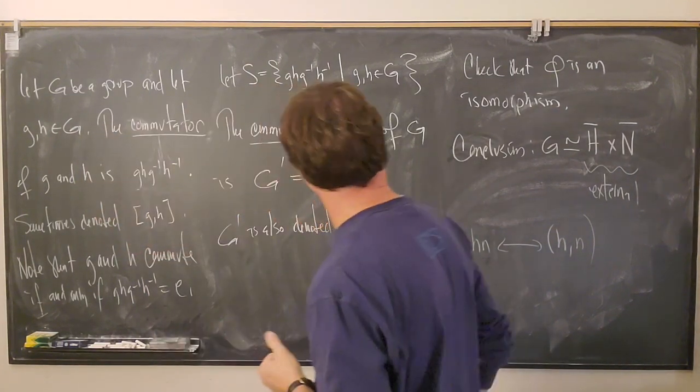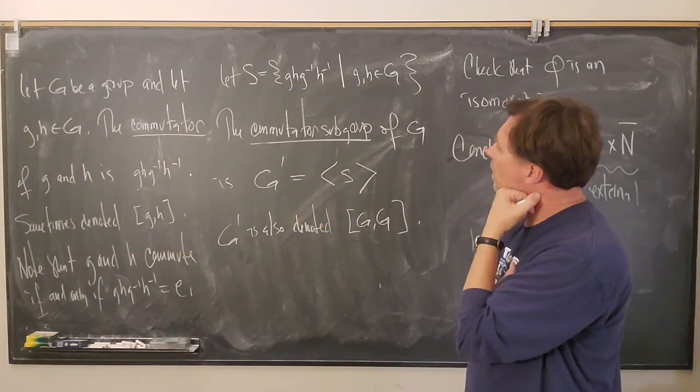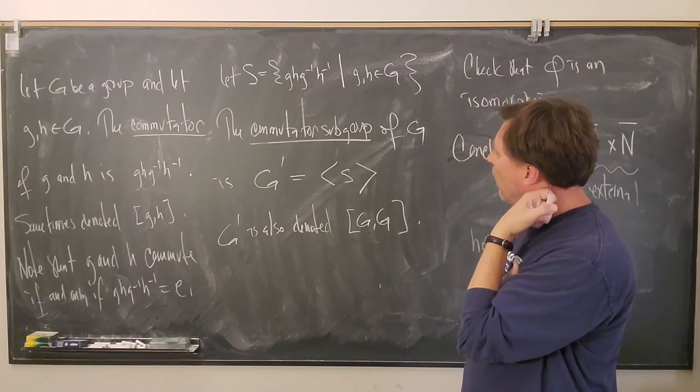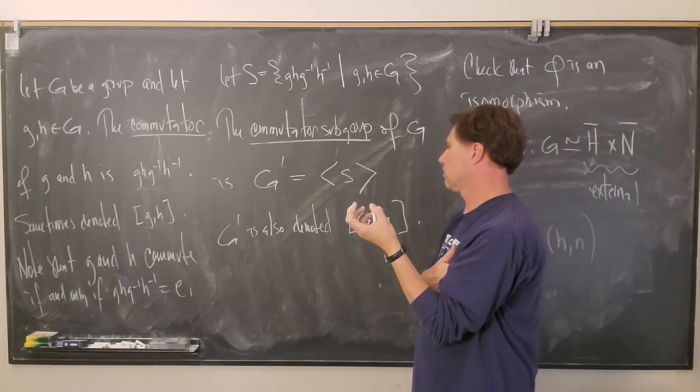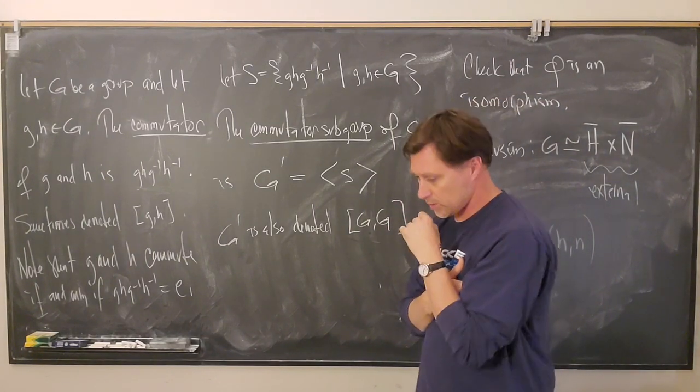So let's see now, what will a typical element in G prime look like? Well, it'll look like a product of commutators, right?